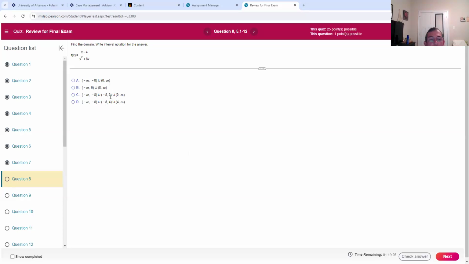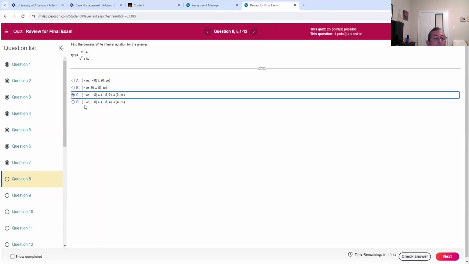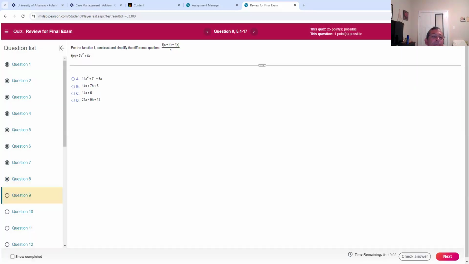But we got 0 for our second number to be kicked out. So from that -8, we go to 0, union around 0 to positive infinity. So C. Somehow on D, they got a 4. So we don't know how they got a 4 on that. So we're going to pick C because we only excluded the -8 and the 0, okay?